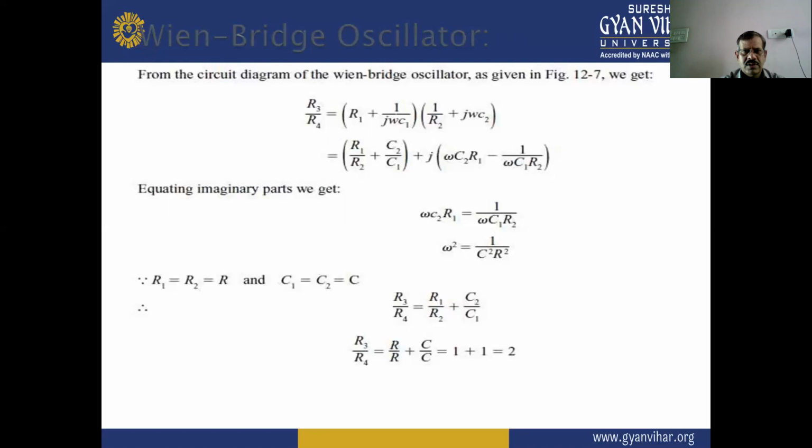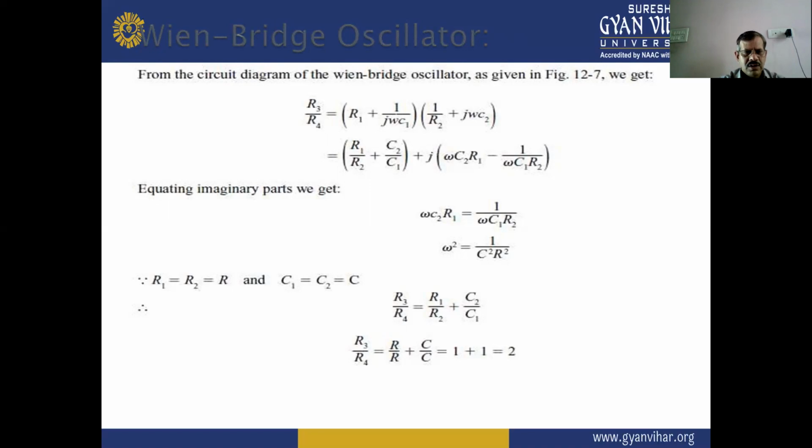So we have R1 upon R2 plus C2 upon C1 plus j omega C2 R1 minus 1 upon omega C1 R2. Equating imaginary parts, we have omega C2 R1 equal to 1 upon omega C1 R2, and omega square equal to 1 upon C1 C2 R1 R2.